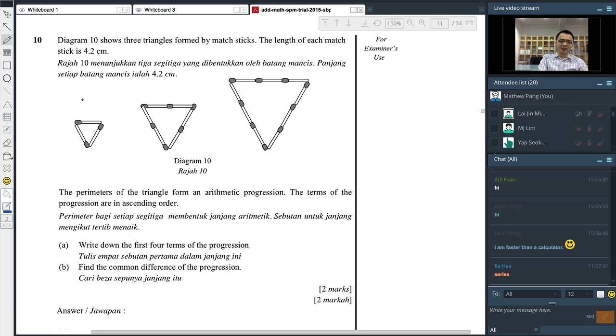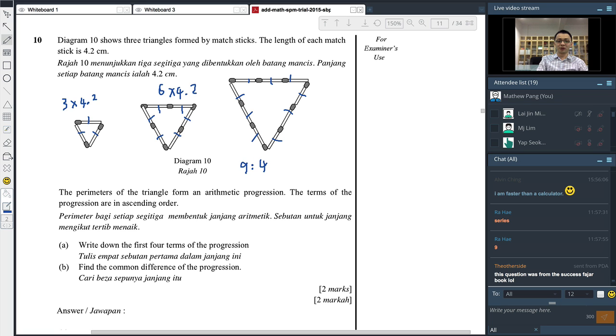This one is basically 3 multiplied by 4.2, because you have 3 matches here, isn't it? This one you have 1, 2, 3, 4, 5, 6. This is 6 multiplied by 4.2. And this one is 1, 2, 3, 4, 5, 6, 7, 8, 9. Obviously this is 9, so 9 multiplied by 4.2. And the last one, because 3, 6, 9 already hints you, is 12 multiplied by 4.2.